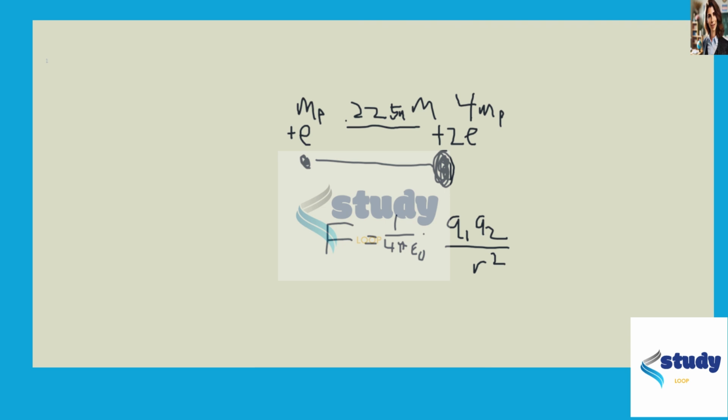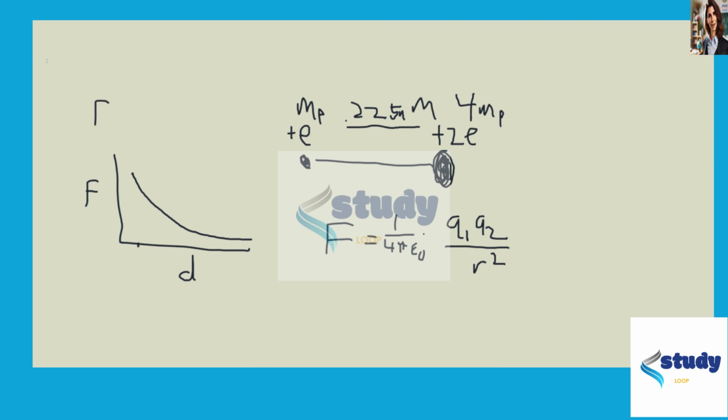Okay, so this force is going to decrease as these two positively charged particles move apart from each other. So if we plot distance between them and force, they're going to start at 0.225 nanometers. They're going to have a certain force, and as they move apart, they're going to experience less and less force.